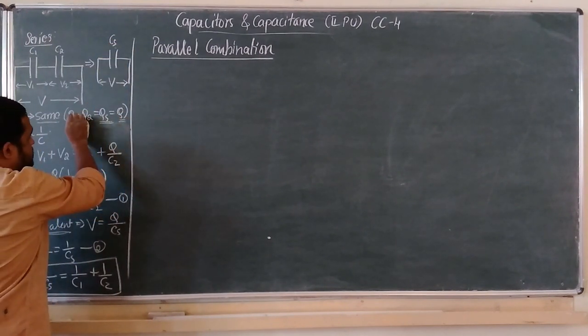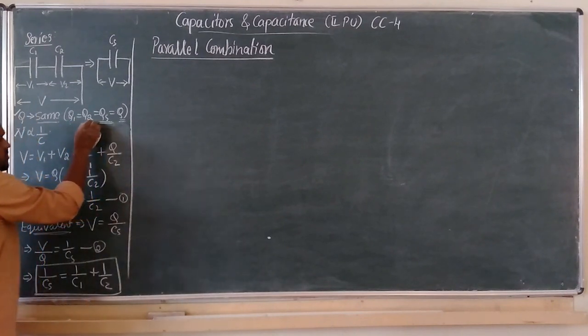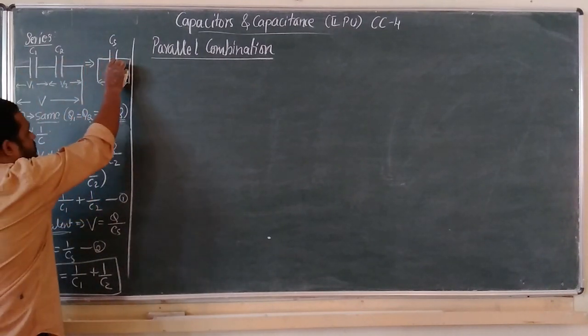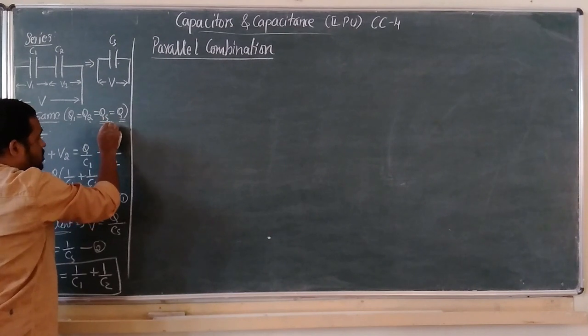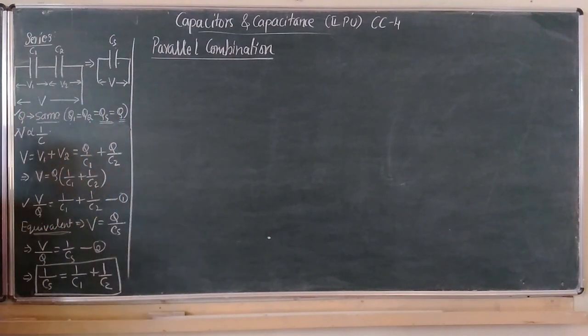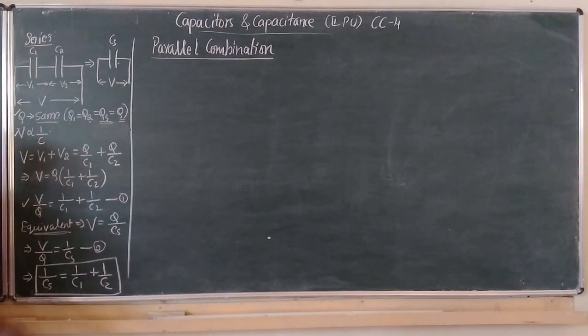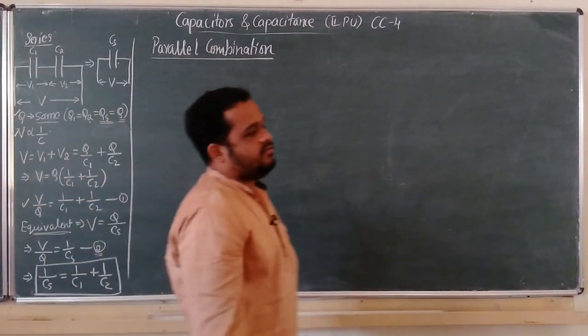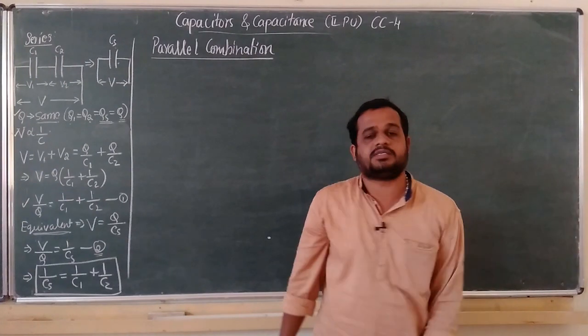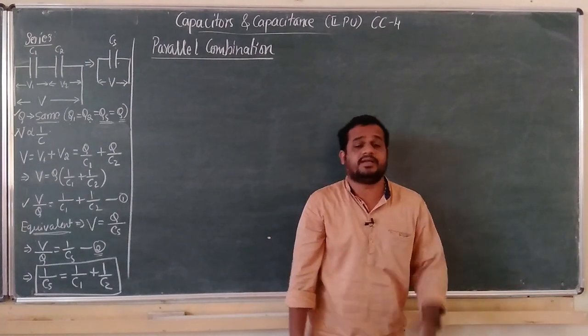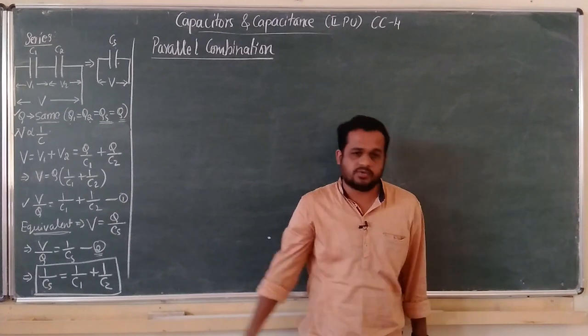So in case of series combination, the charge stored in individual capacitors as well as the equivalent capacitor, or effective or total capacitance, is equal to Q only. We connected the equivalent capacitance between the same potential difference and we got V by Q is equal to 1 by CS. This was the second expression. By comparing these two, we got 1 by CS is equal to 1 by C1 plus 1 by C2, and we considered the case of n capacitors in series as well as n identical capacitors in series. What is the effective capacitance?